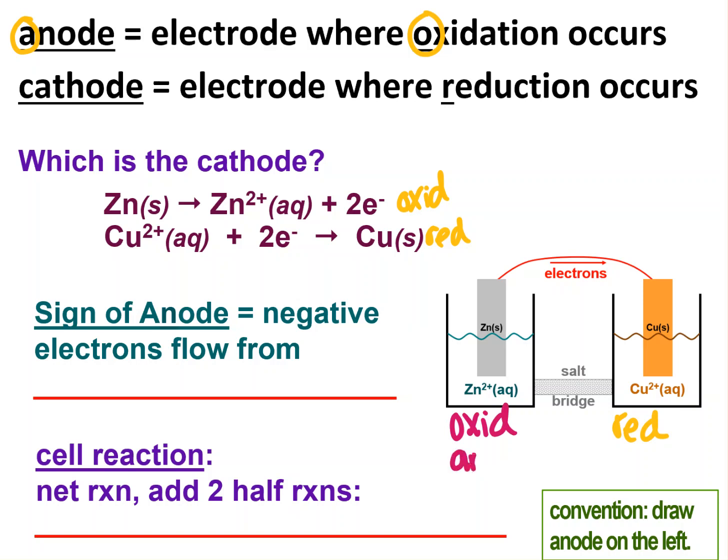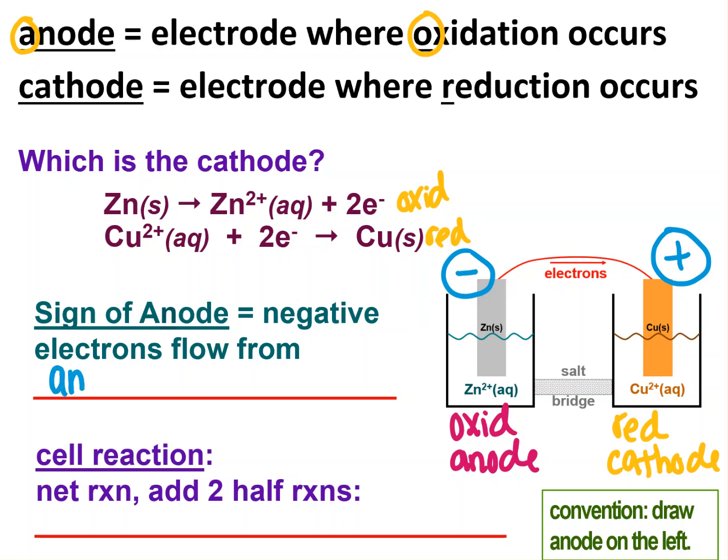Go ahead and put anode. The sign of the anode, in other words, we always assign the anode a negative sign and the cathode a positive sign. Our way of thinking, chemists' way of thinking about it, is that electrons are trying to get away from this negative sign. So electrons flow from the negative to the positive.